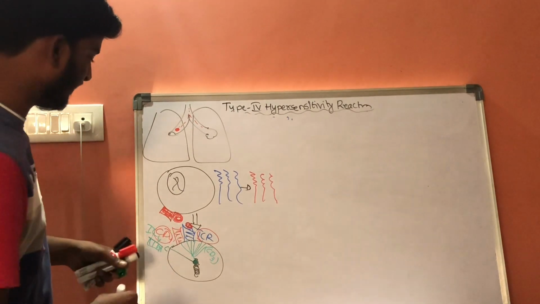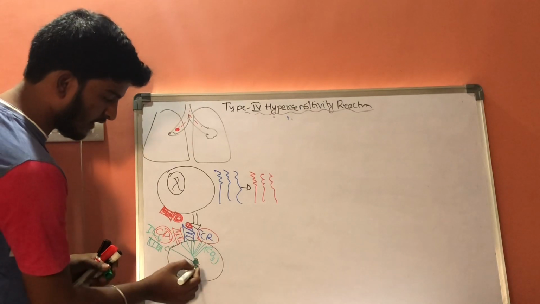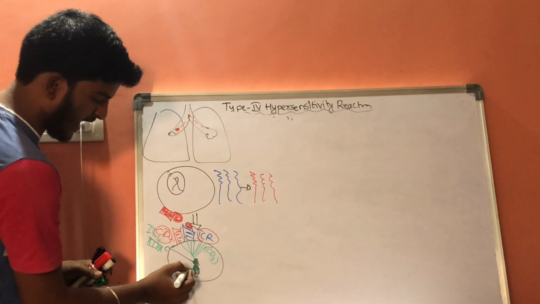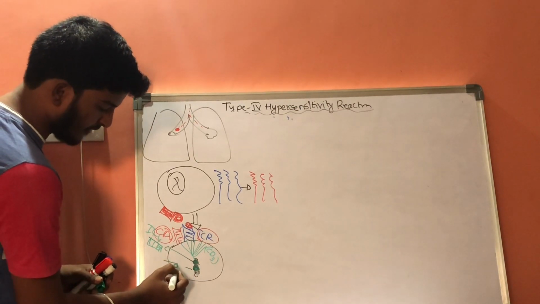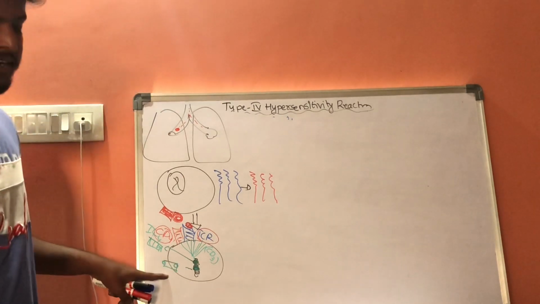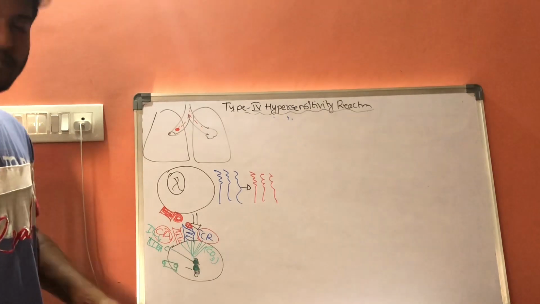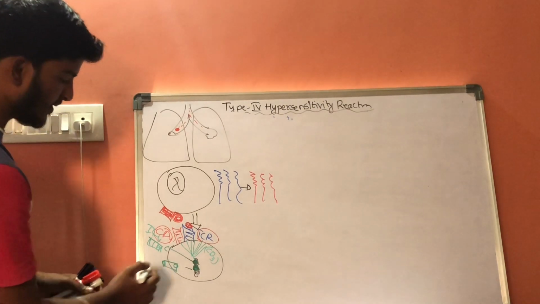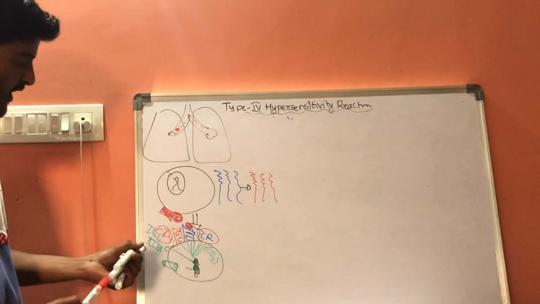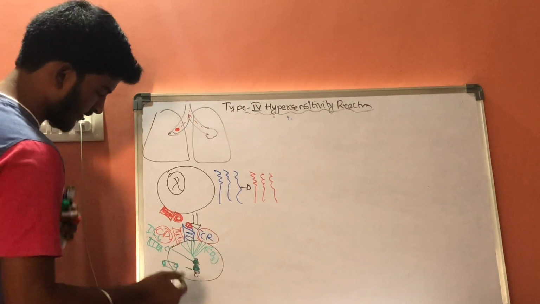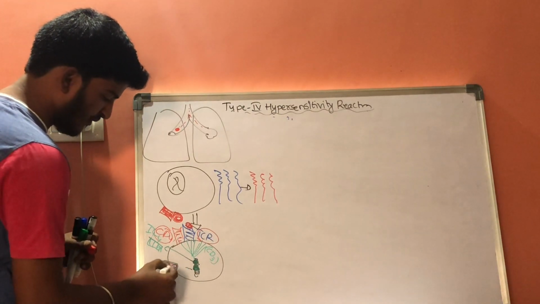This interleukin 4 will activate a special type of protein stuck at the surface membrane of T helper cells. Whenever it is stuck there, interleukin 4 will attach here.